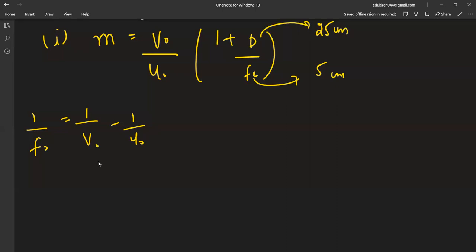Now here, since this is the lens formula, remember we'll be using the sign convention. All right, here we'll use a sign convention. Understood? Why are we using sign convention over here?